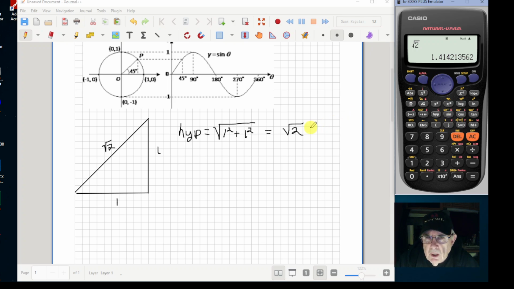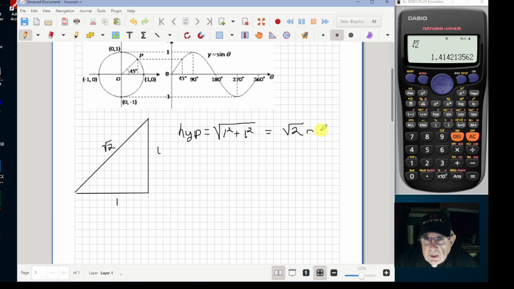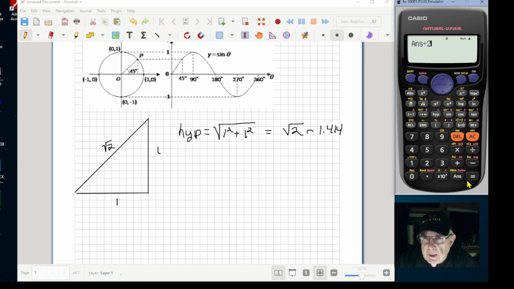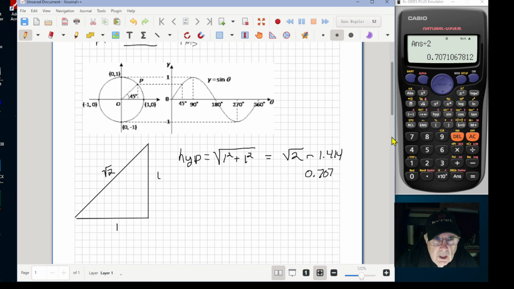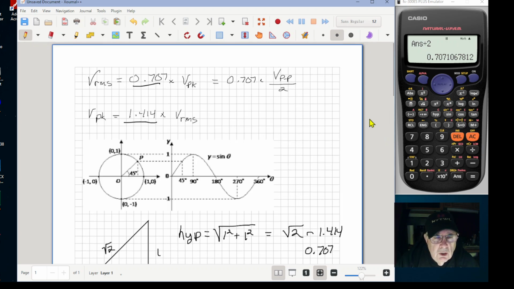Notice that the square root of 2 is approximately equal to 1.414. And if we knock that puppy in half, we get our 0.707. So this is the origin of these magic cookie numbers.